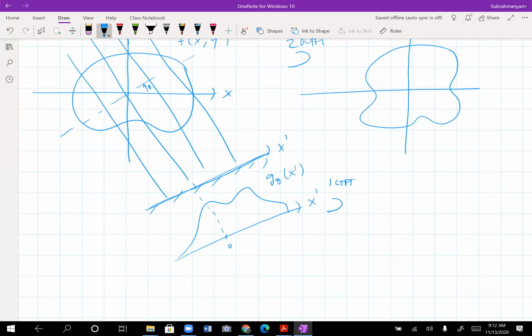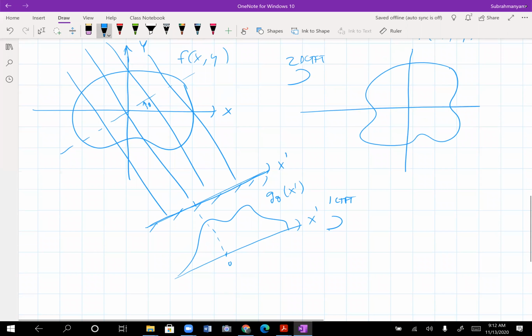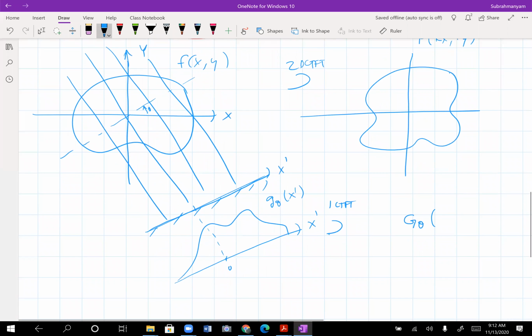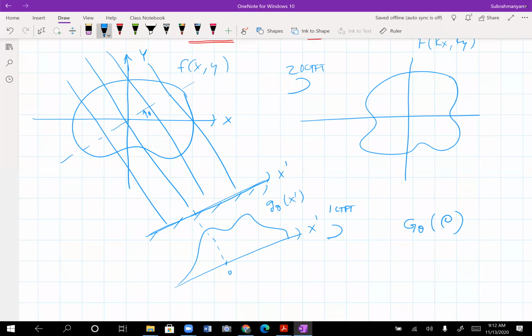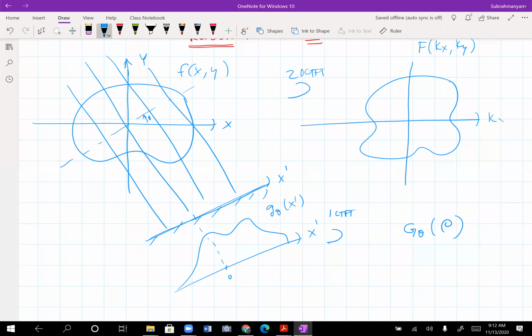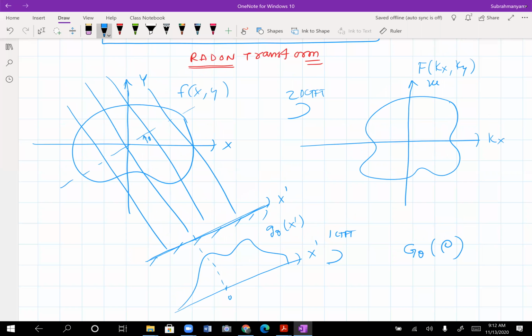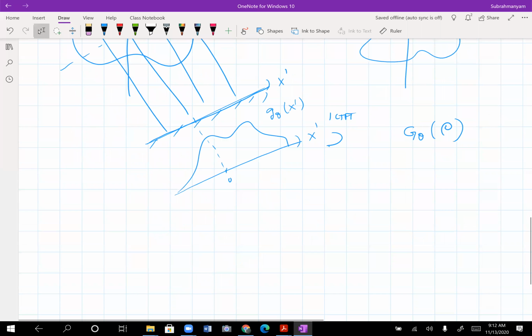Let's call it capital G theta of, anyway this variable is different, so let's call it with another name, not to confuse with kx, ky, because that's exactly in this direction we are going to compute. So let's call it g theta of rho. Let's say I have the profile of it here, for varying rho. And for a given theta, this is what G theta of rho is.